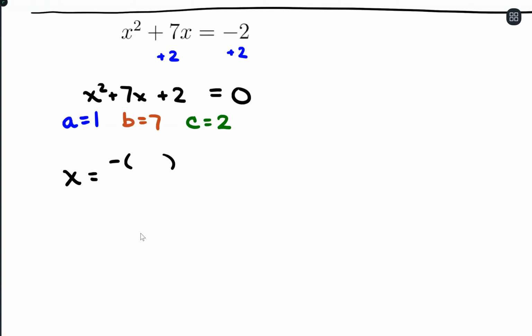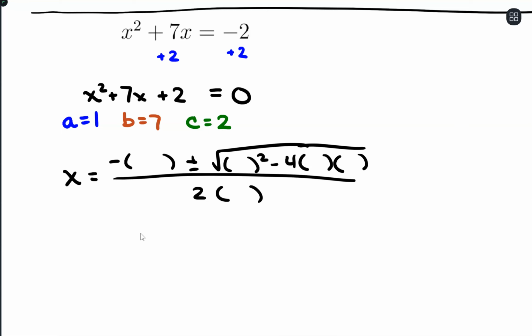So I'm going to set up my format for the quadratic formula, making sure I plug in everything correctly. All right, negative b, so that's negative 7, plus or minus the square root of 7 squared minus 4 times 1 times 2, all over 2 times 1.